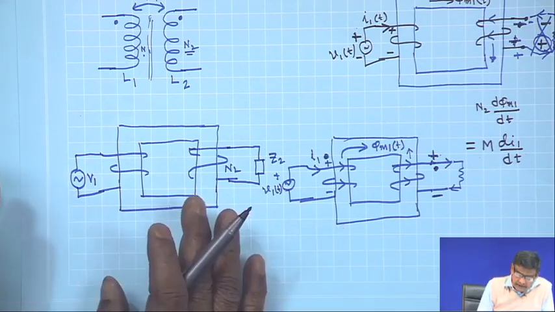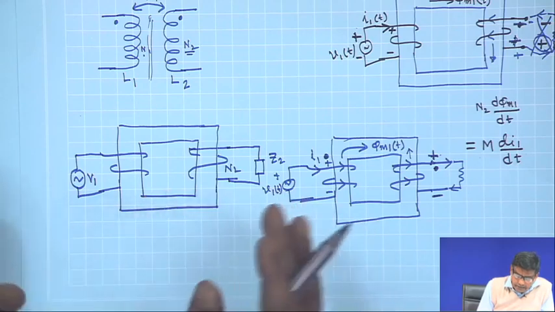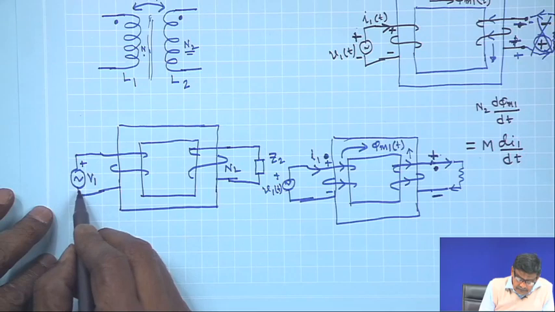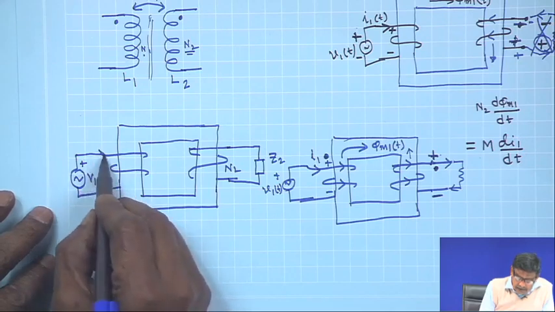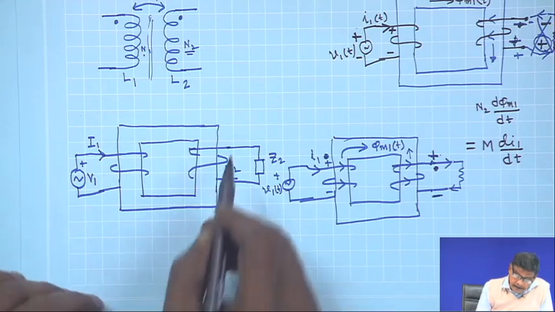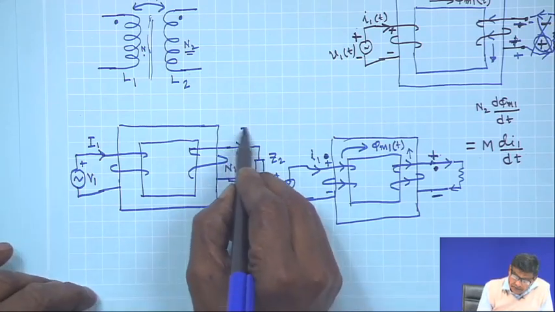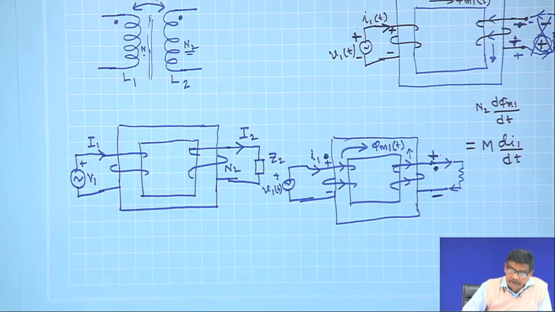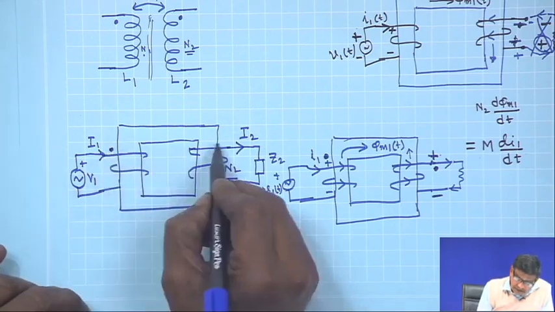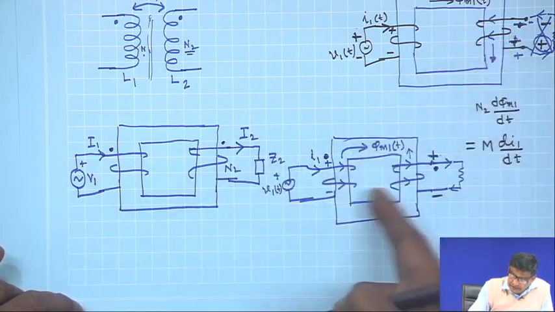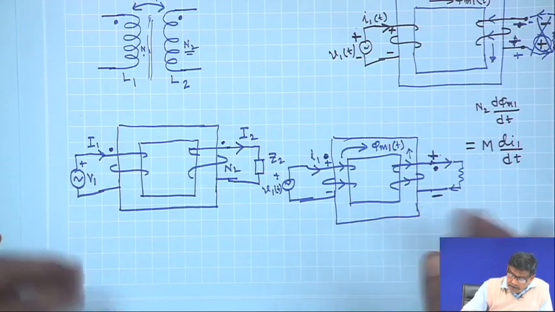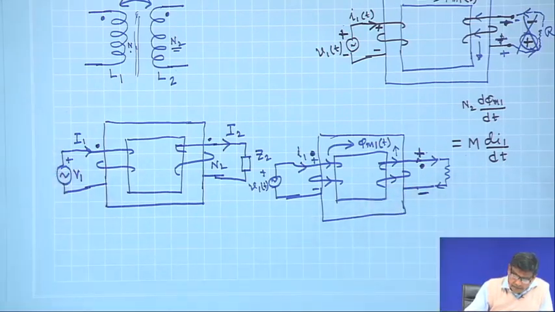And this is the scenario, and it is expected that since this is an AC voltage, currents here will also be AC; let this current be I1 phasor and let this current be I2. All are AC quantities, and obviously this is a dot, this is a dot, which I have just established by arguing with the help of Faraday's law.